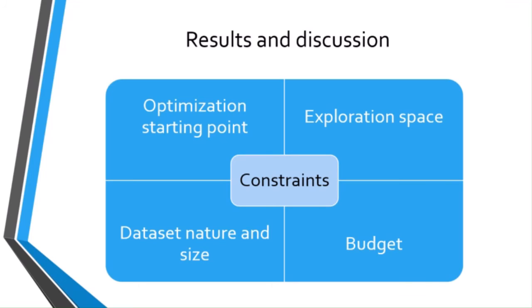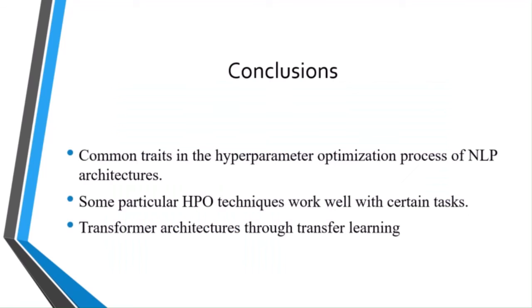These issues are related to the starting point of the optimization, like warm start and transfer learning, and the exploration space and its management, like the hyperparameter size, also the dataset size and the number of iterations and its management, for example early stopping, and the nature of the dataset and the task, supervised or not, regression or classification, and also the resources used for the optimization, especially in the context of deep learning.